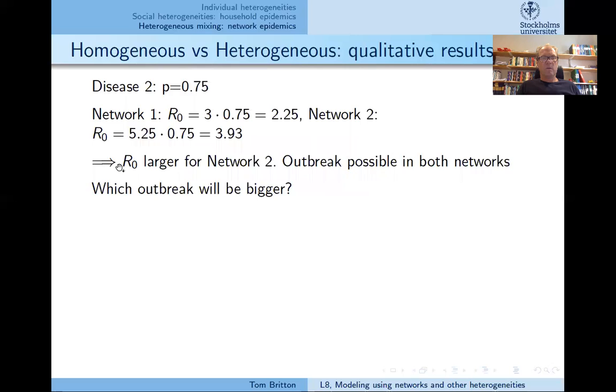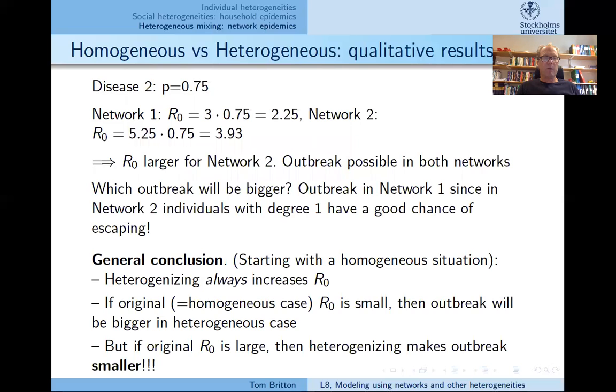So the conclusion for disease 2 is that R0 is larger for network 2, just as it was for disease 1. However, now an outbreak is possible in both networks. So the question is, which network would have a bigger outbreak?